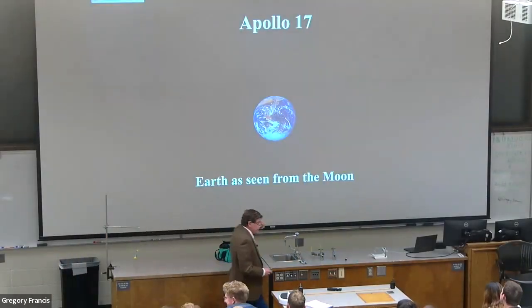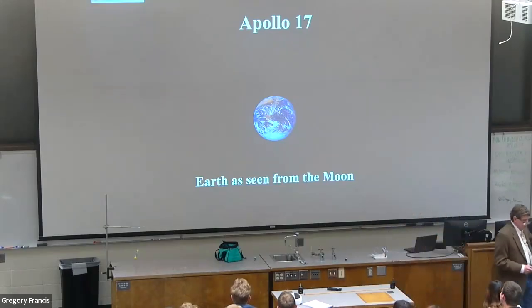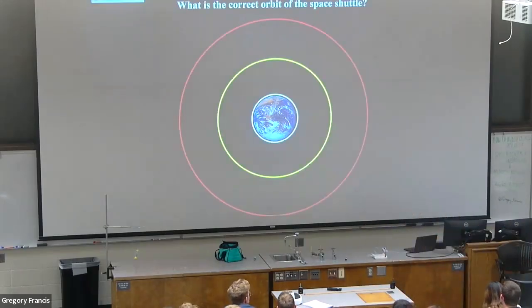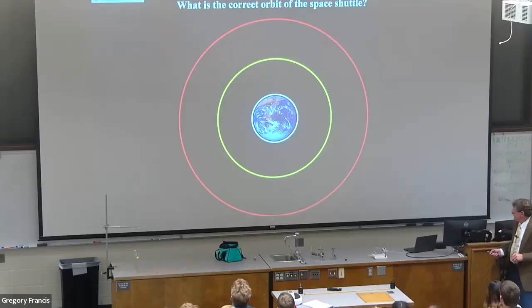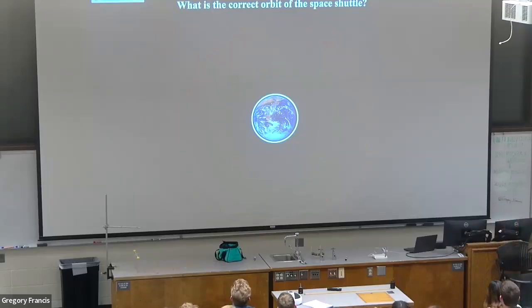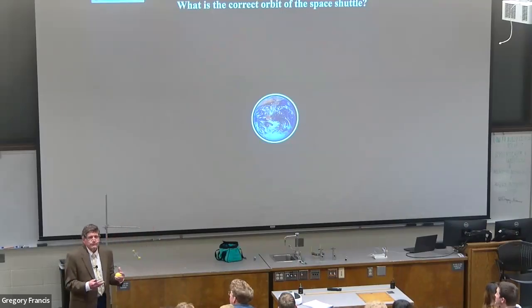There's the Earth as seen from the moon, if you believe that we went to the moon. If your parents taught you that we did. Which of those circles represents the orbit of the space shuttle? Yeah, it's the white one. They don't go very far from the Earth. Back at Montana State, we had a space shuttle mission specialist, an astronaut on our faculty, Lauren Acton, wonderful gentleman.